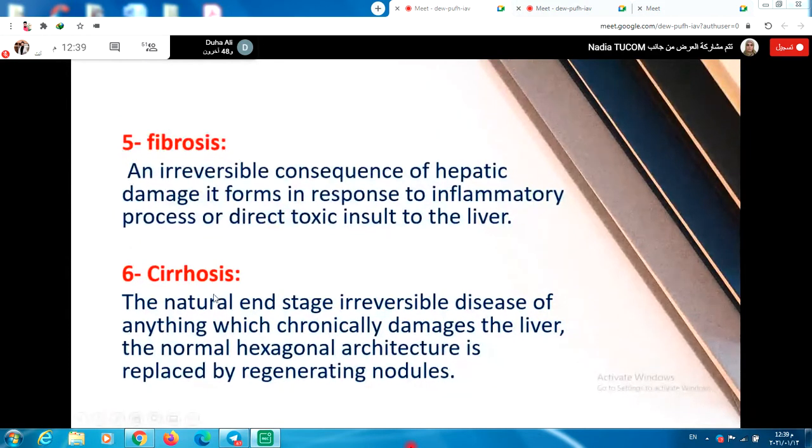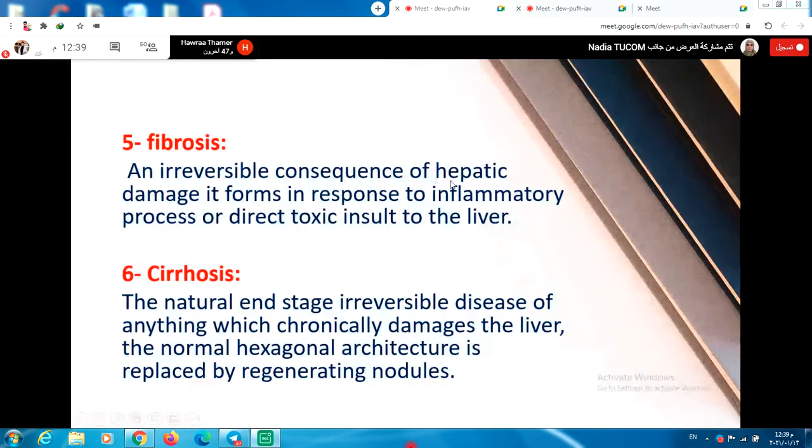Fibrosis is irreversible. We said fatty change is reversible, whereas fibrosis, or the start of cirrhosis, is an irreversible process. When scarring happens, like in a wound, when fibrosis happens, there is laying down of fibrous tissue in the sinusoids within the lobule. This is an irreversible one-way process.